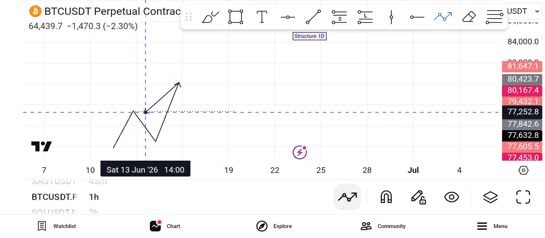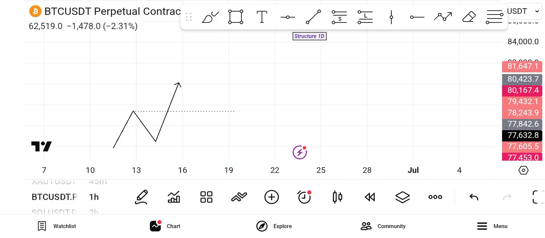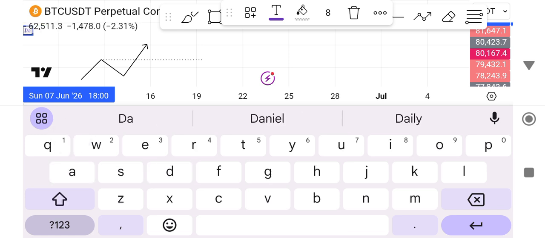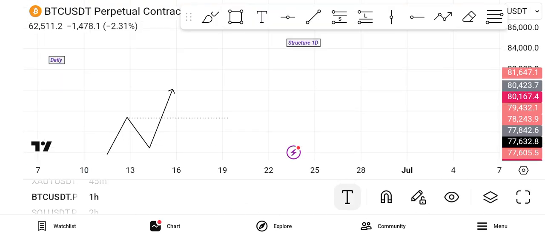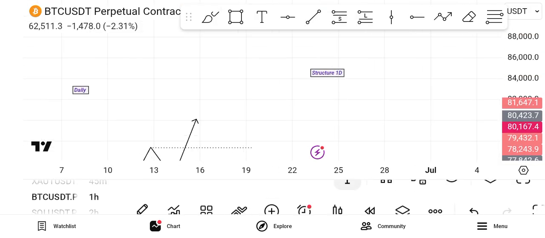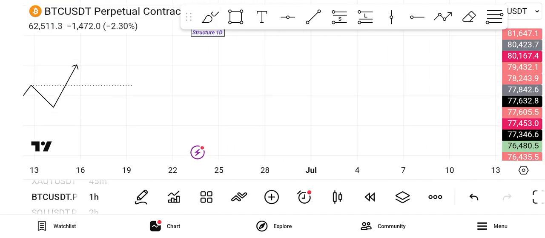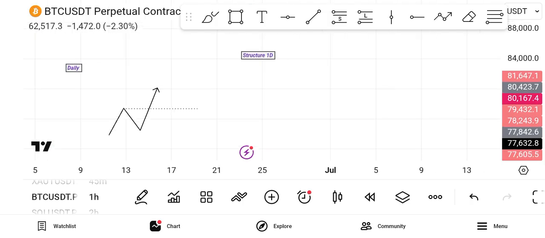Because this is on the daily time frame, I told you, you want to first understand the structure of the market from the daily time frame. You want to understand what the market is doing from the daily time frame, yeah?